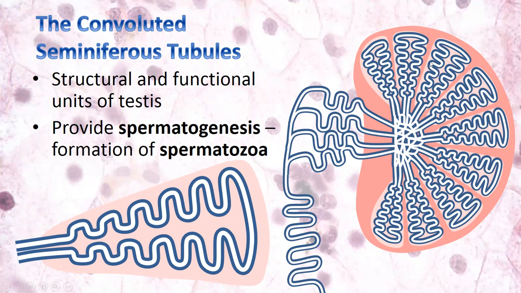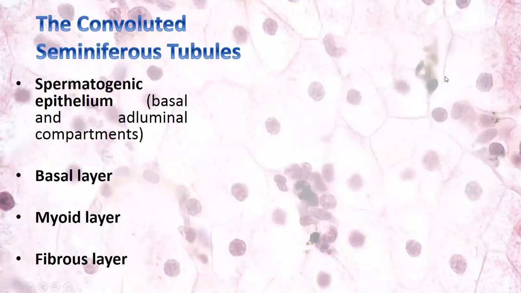So it's the site of spermatozoa formation. And these tubules are hollow structures, so they have a wall, and this wall has some layers which may remind us a little of the structure of other hollow organs, for example organs of the digestive or urinary system, but there are some specific features.